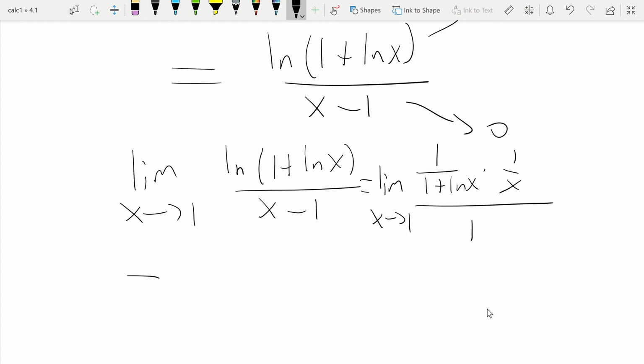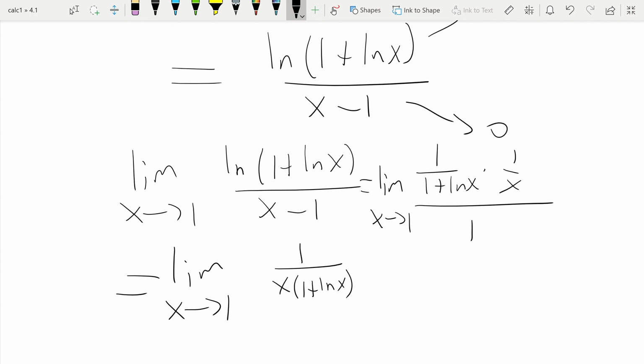Alright, so what do we end up with? The limit as x approaches 1 of 1 over x times (1 plus the natural log of x). And here there's nothing else we need to do.